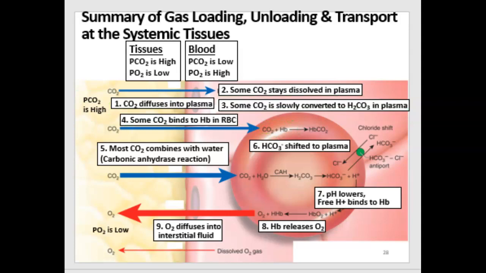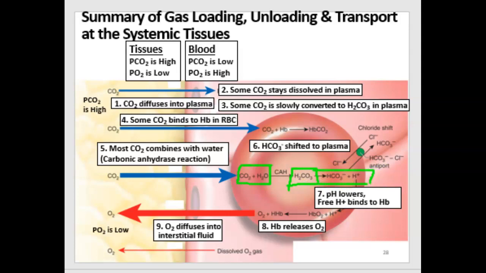Most of it, and this is what we care about the most, of the CO2 will move into the red blood cell, combine with water, and because of carbonic anhydrase, the enzyme, it'll get converted into carbonic acid, and it will dissociate. Carbonic acid will dissociate. So now we have two anions.